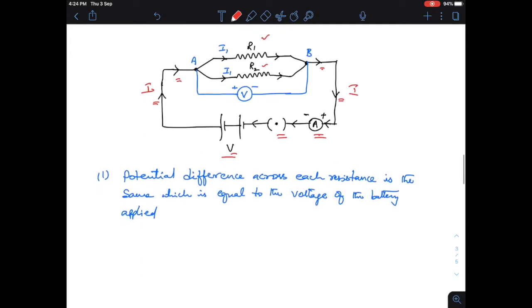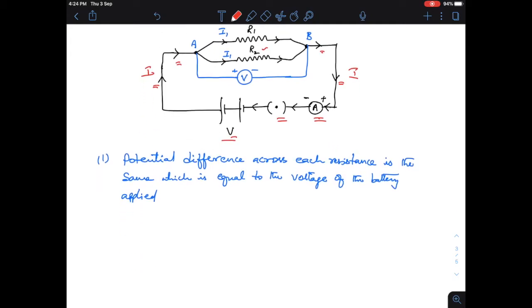Now, the important points here are, number 1, the potential difference across each resistance is the same, unlike in series resistance where we had different values V1, V2. But here it is the same. So, the potential difference will be the same across any resistance that you measure, which is equal to the voltage of the battery applied.